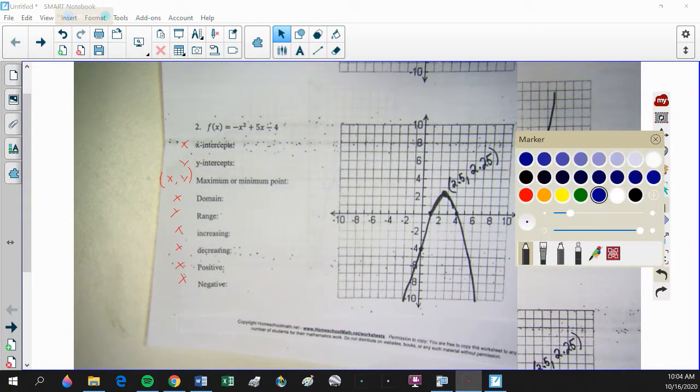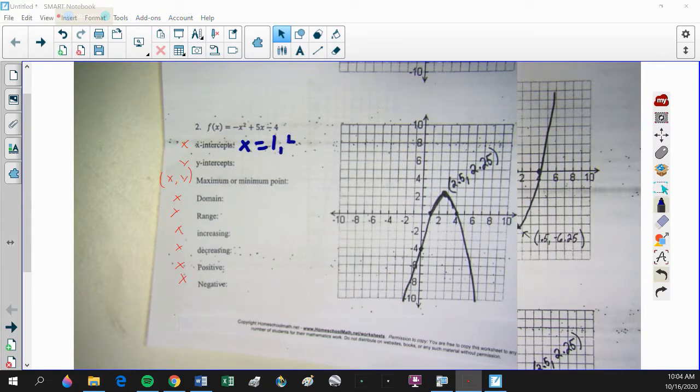What are the x-intercepts? So x equals 1 comma 4. Do I need to put any symbols around those? No, that's a list of 2 numbers. Okay. The y-intercept is -4. This one has a maximum at 2.5 comma 2.25.